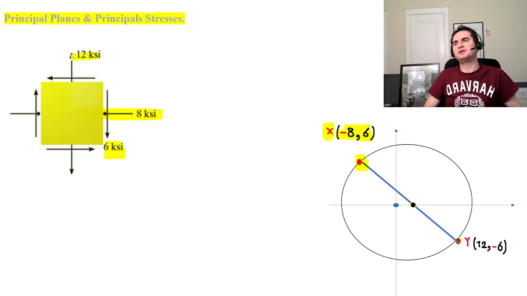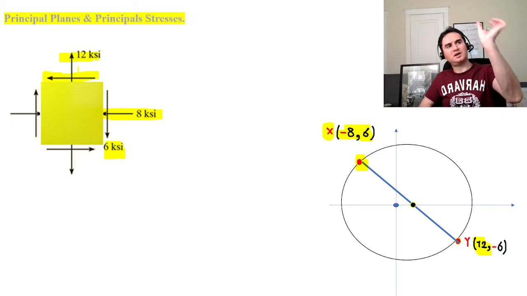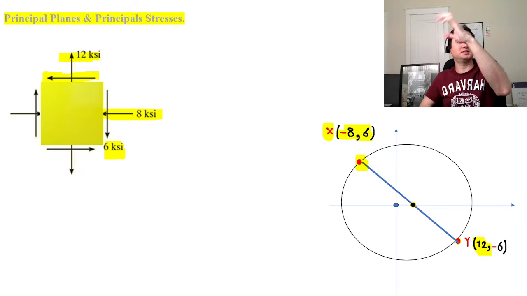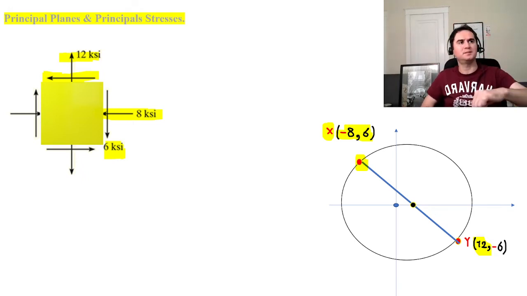And the other one is 12 ksi, a positive 12 normal stress. This time the shear stress tries to rotate the element counterclockwise, so that's a point below the x-axis, a negative 6 for y.